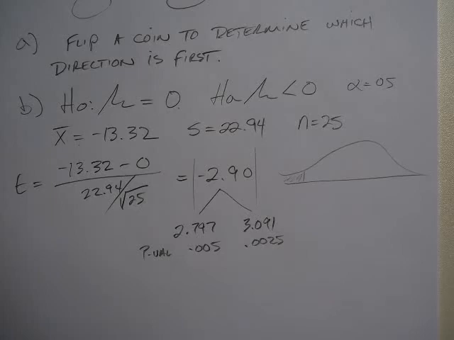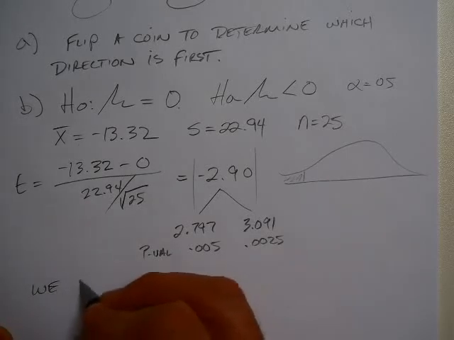So do we have significant evidence to reject the null and conclude that the right-handers do turn the right-handed thread faster? Yes, right.